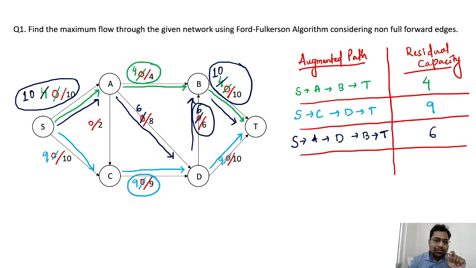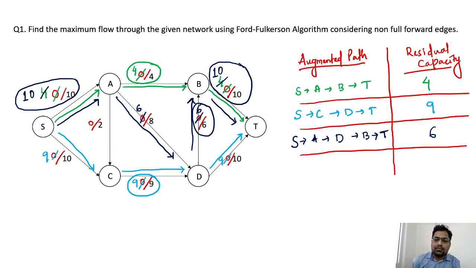Residual capacity 0 means we cannot flow further if the capacity is finalized. As per the capacity we made the flow. More than the capacity, flow cannot be there. Suppose the capacity is 6, the flow cannot be 7 for that path. We definitely have to keep this in mind.